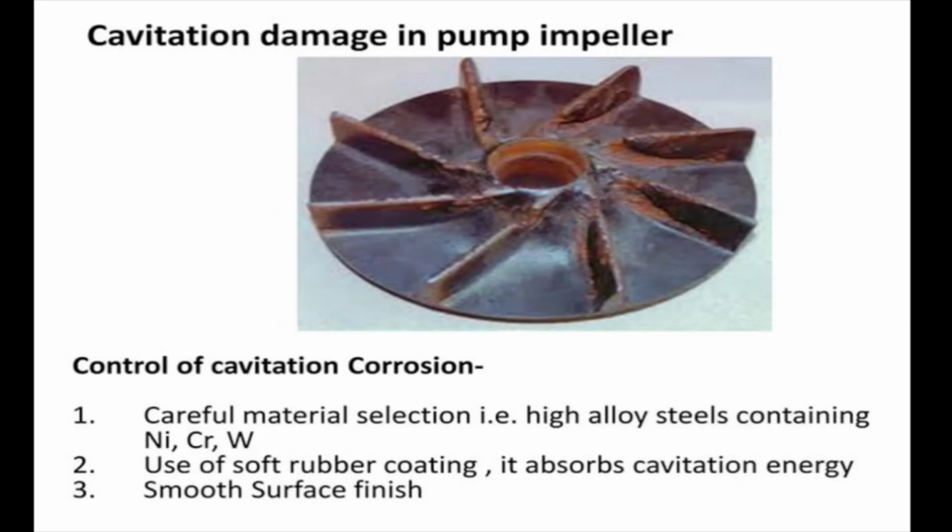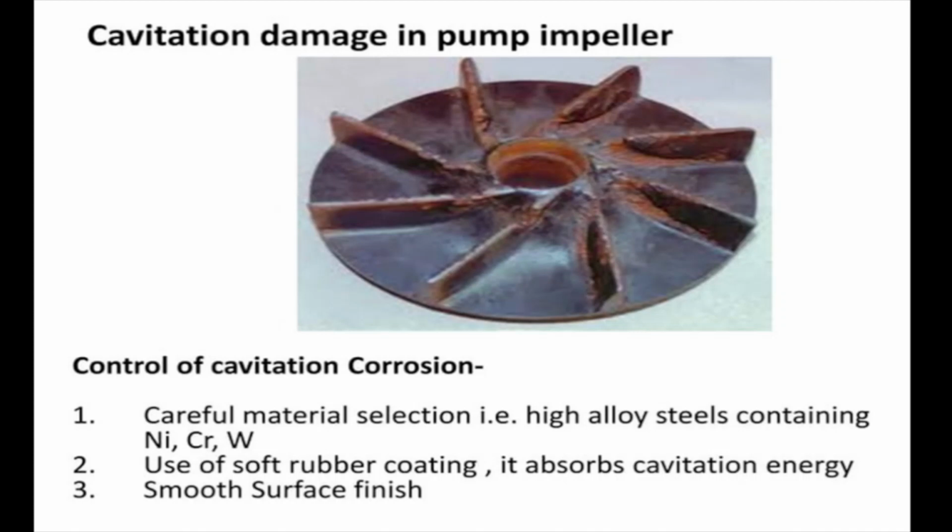Now, how to control cavitation corrosion? First, careful material selection, like high alloy steel containing nickel, chromium, tungsten, etc., which should be adequately present within the steel structure. Number two is the use of a soft rubber coating on the vanes or blades, which will absorb the cavitation energy.